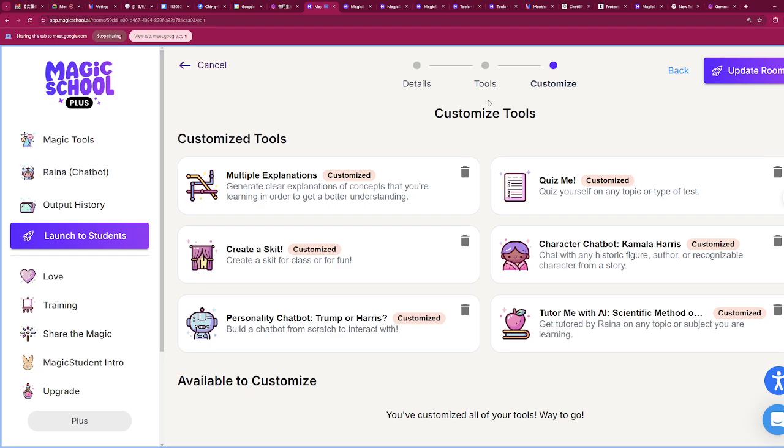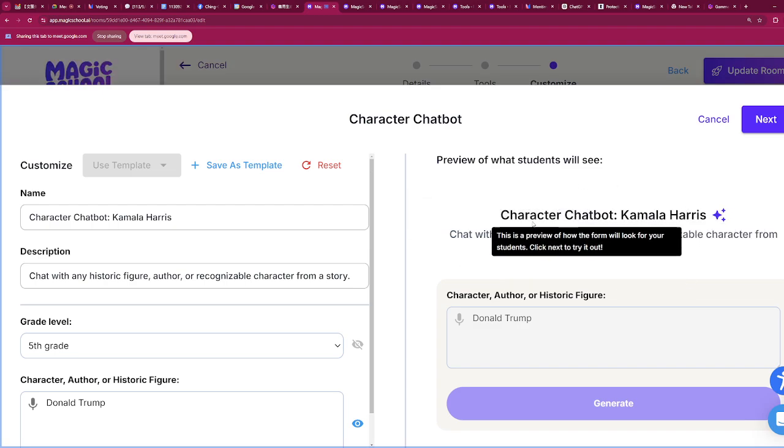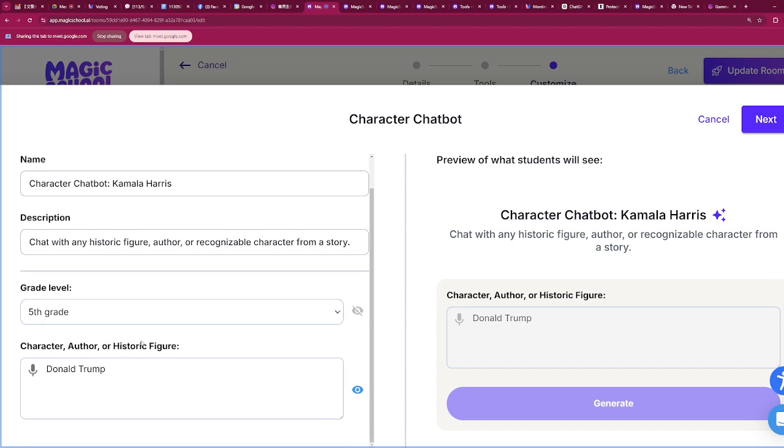Customize. When it comes to customize, you could customize these tools. Okay, let's see the character chat bot. So for the character chat bot, you could talk to this character, and I put down Donald Trump. I don't know if you are into the presidential election debate that was on last week or so.